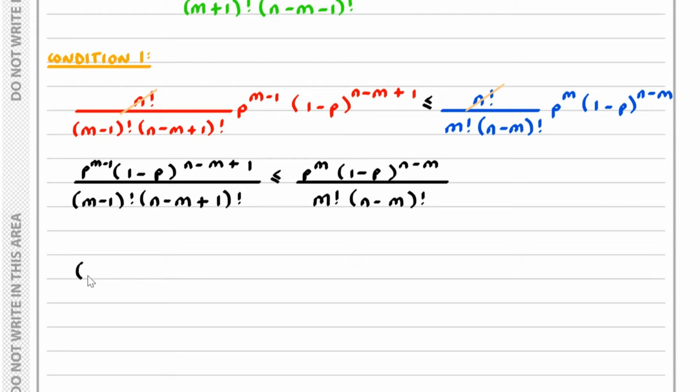Now, I can see that the n minus m plus 1 factorial is the same as n minus m plus 1 multiplied by n minus m factorial. So this bit is the same as what we have here.